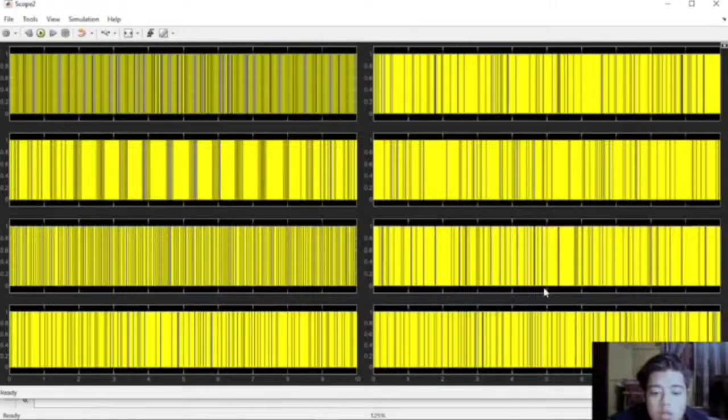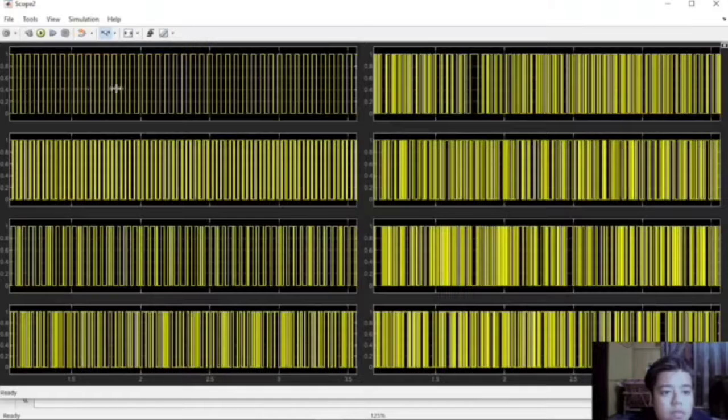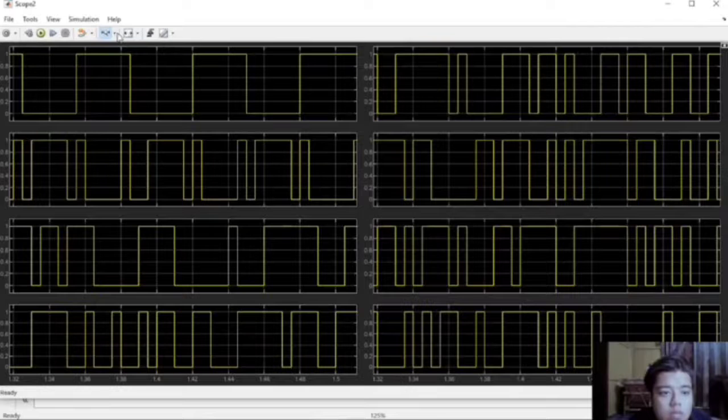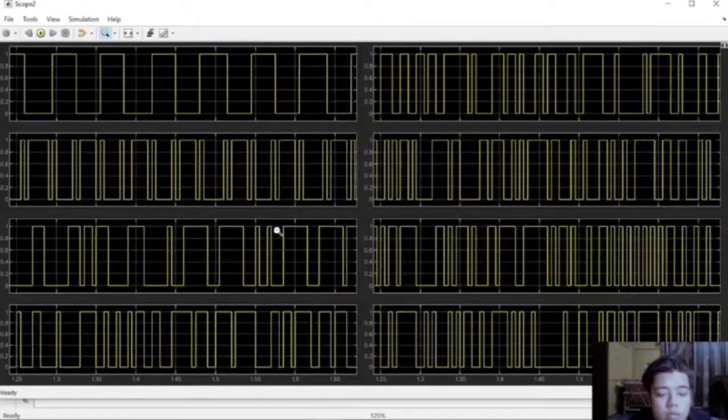Next, this is the waveform for the 8-bit encoded data. This waveform shows the encoded signal bits, which range from 1 to 8 bits.